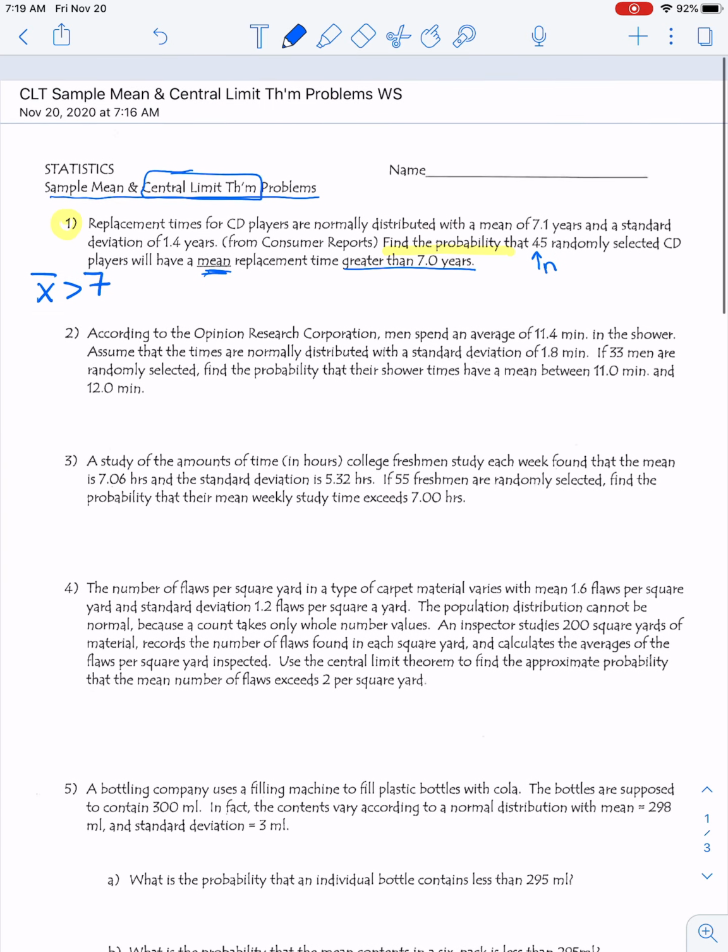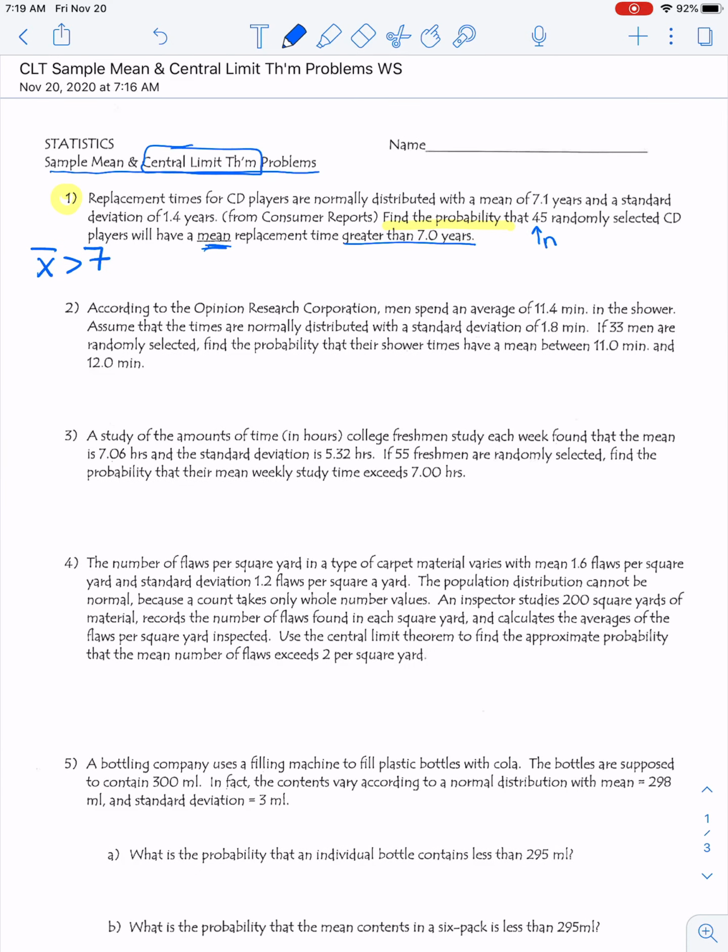If you went to set this one up now, converting, you would say z is greater than 7 minus the population mean, which is this one right up here, that mu that we've worked with, all over the standard deviation, 1.4, divided by the square root of the sample size, which is 45.